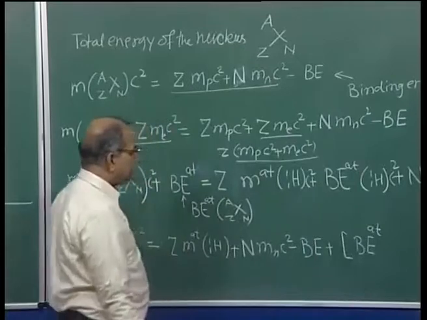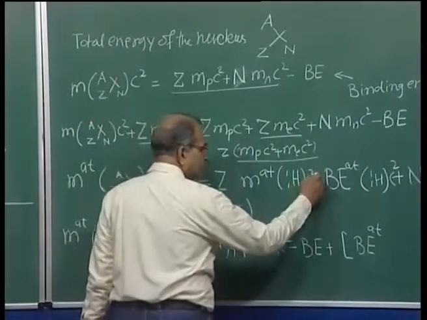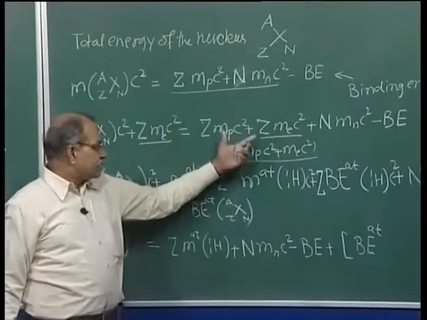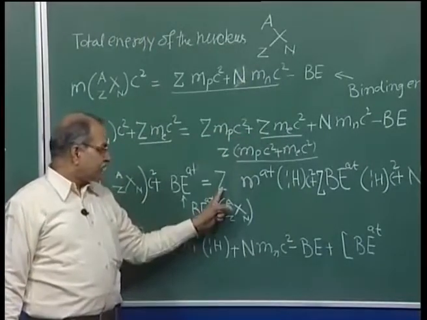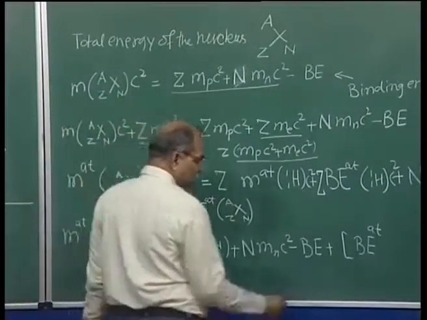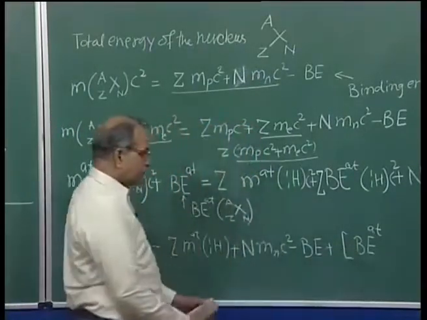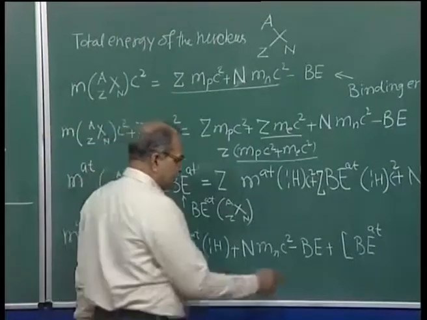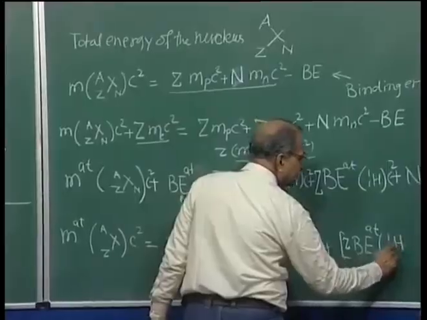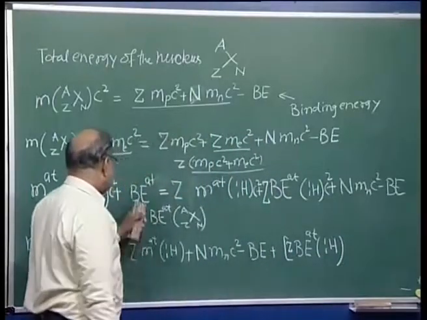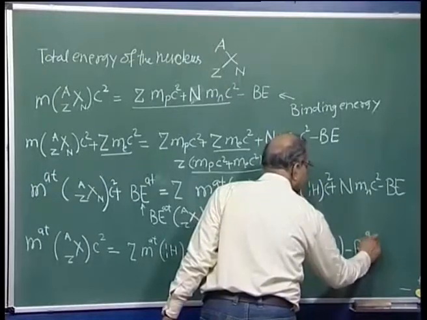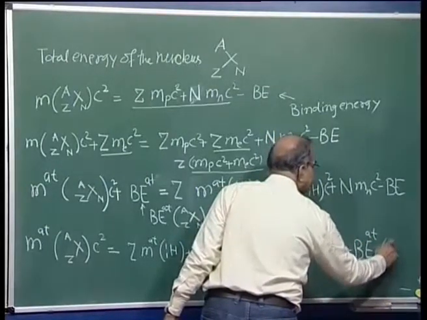Where is Z? So many slips. This Z that I had taken common will also appear here. So, Z times binding energy of 1H1 and minus atomic binding energy of AZN.